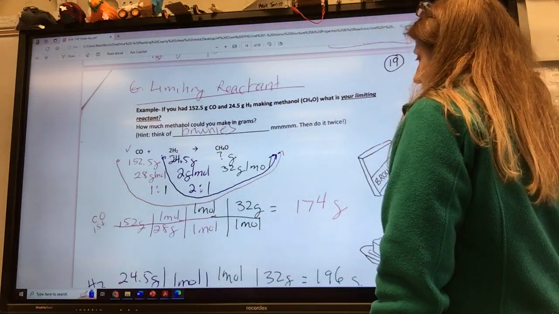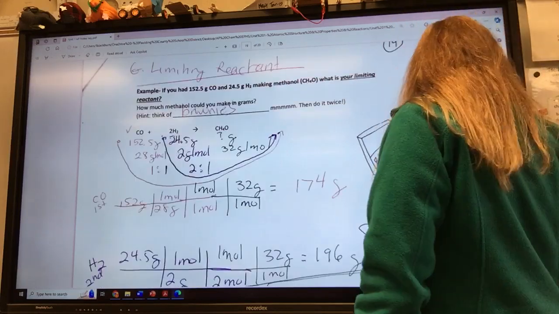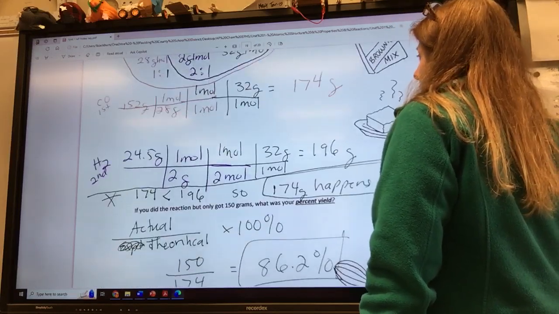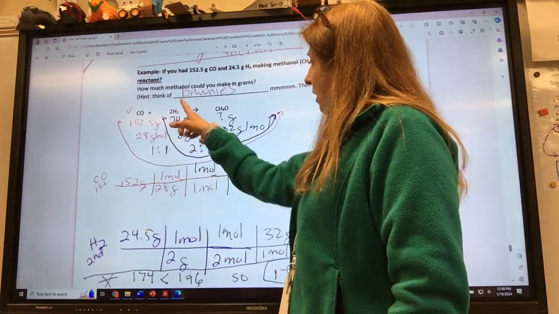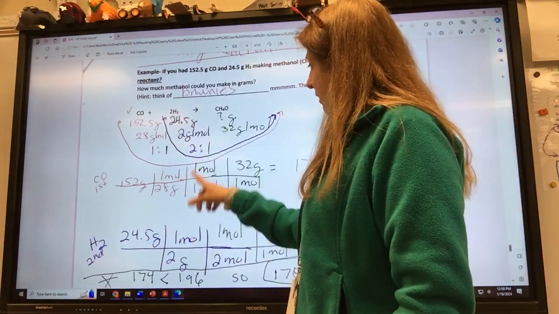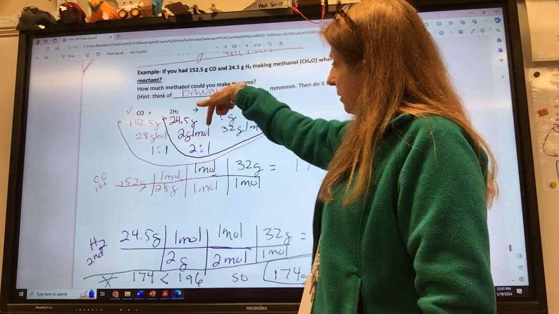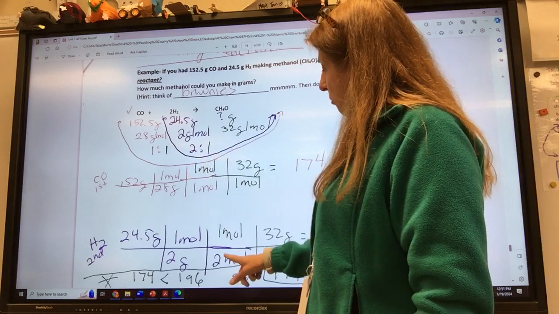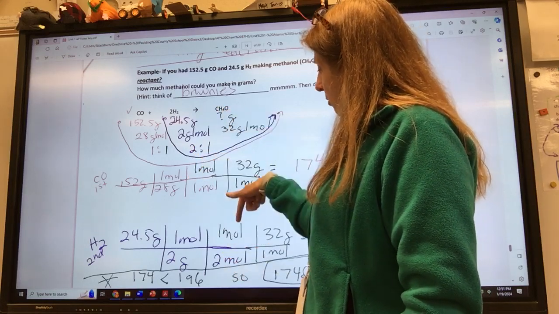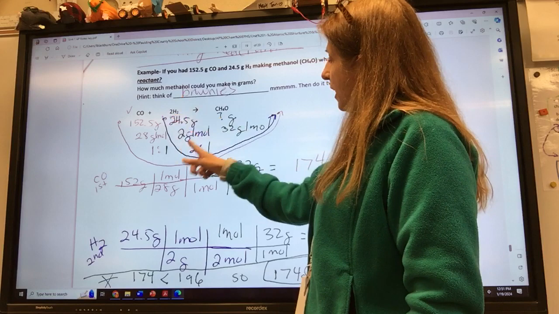Now I do it again. Same thing, one more time. This time I've got 24.5 grams. I push it to the denominator, and I put 2 grams on the bottom and 1 mole on top. I push it to the denominator. I put 2 moles on bottom and 1 mole on top, because these are moles of hydrogen.